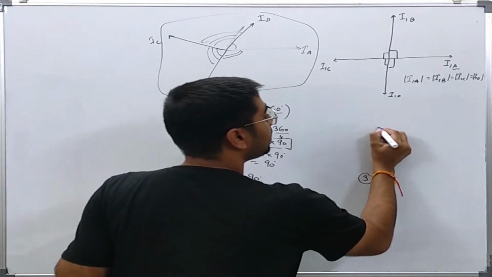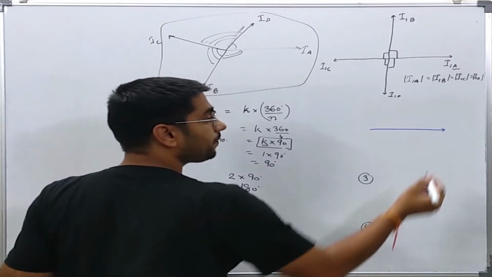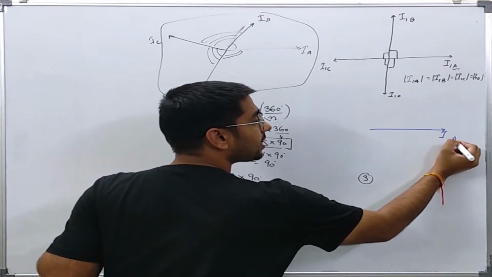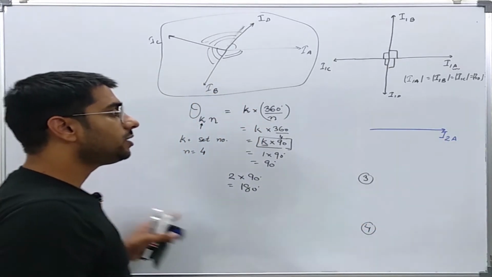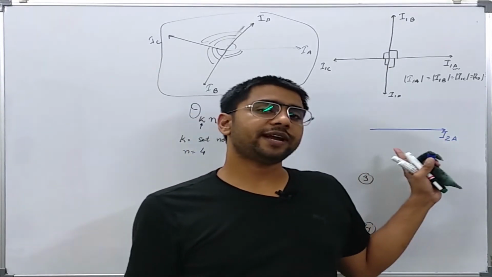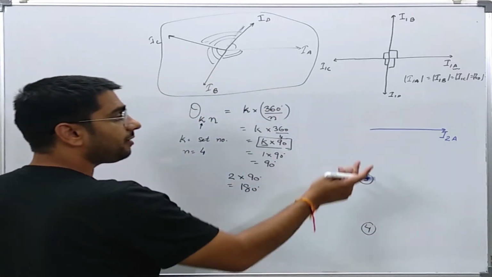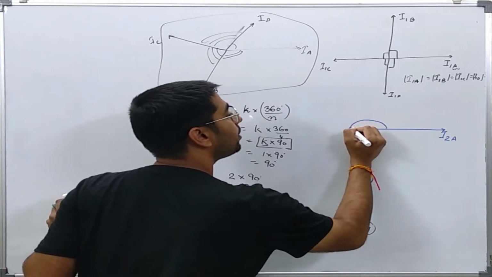Let us say this phasor represents the symmetrical component of phasor A for the second set. Okay, so the symmetrical component for phasor B, for the second set will be having a phase difference of 180 degree.